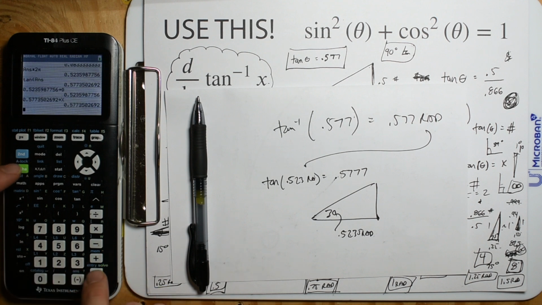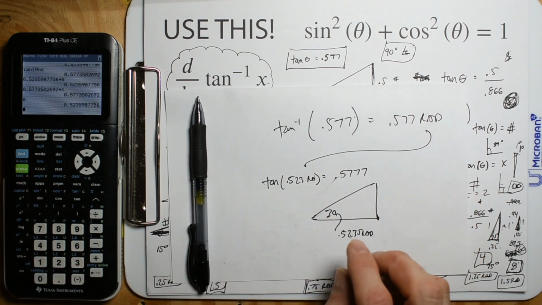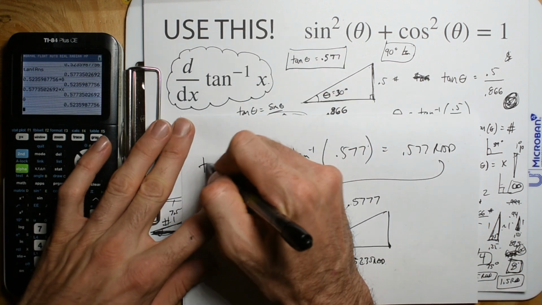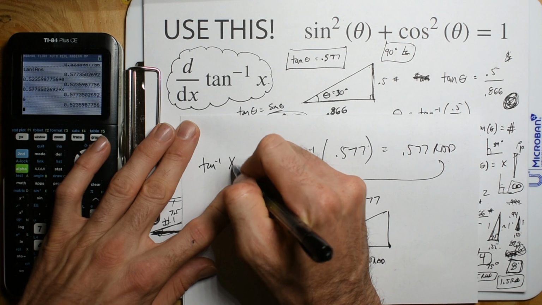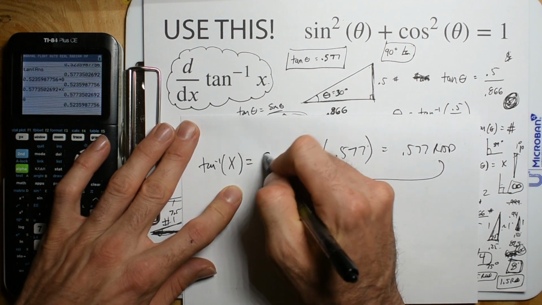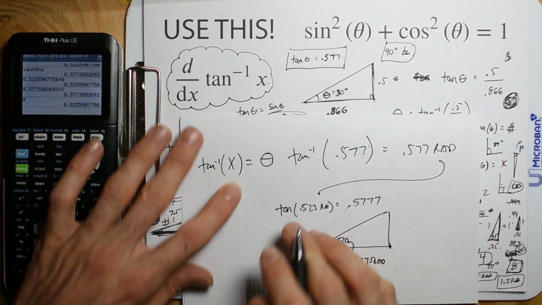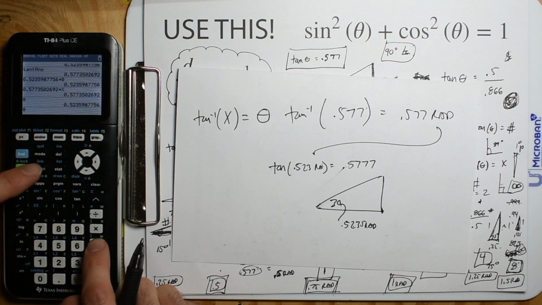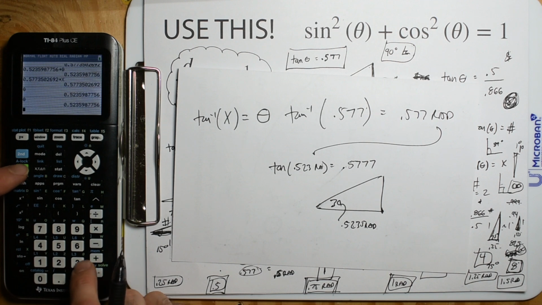I'm going to store this as x because that's the ratio. Theta is the radians. I think that's the hardest thing when dealing with this, even from the start: inverse tangent of a ratio gives you an angle. All right, so we're going to have the angle. Yeah, the angle is right on.